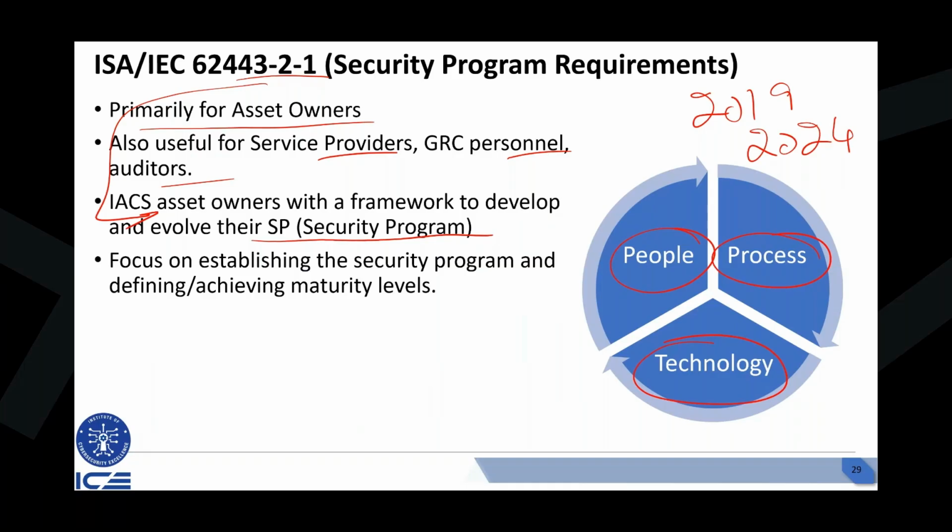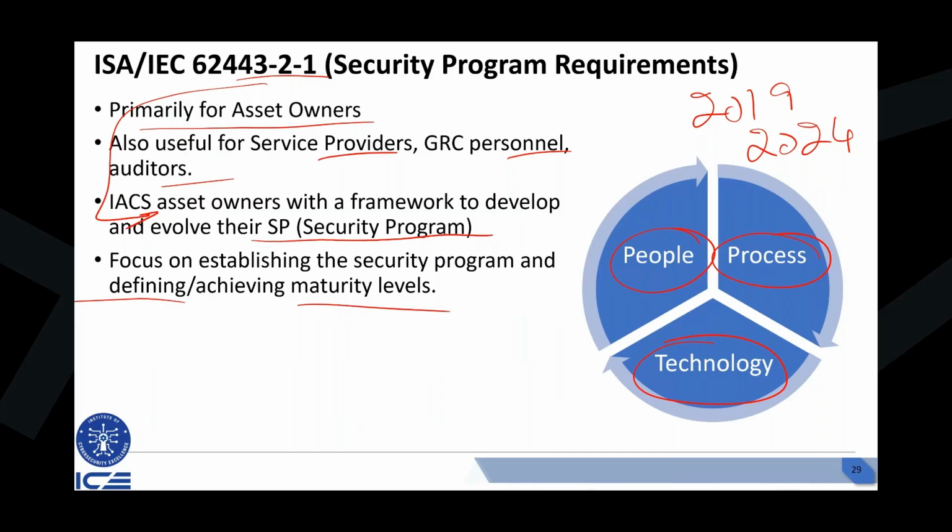It focuses on the complete security program, establishing a security program that focuses on all three legs of cybersecurity: the people, the process, and the technology part. And it provides the requirement on how to define the maturity level of different security controls and how to increase the maturity level.